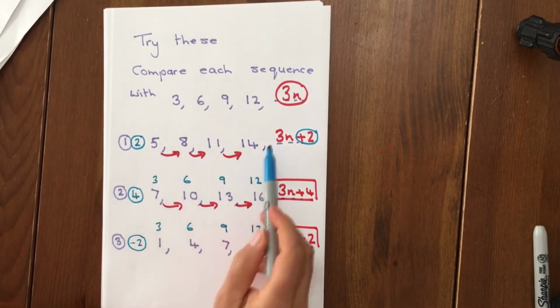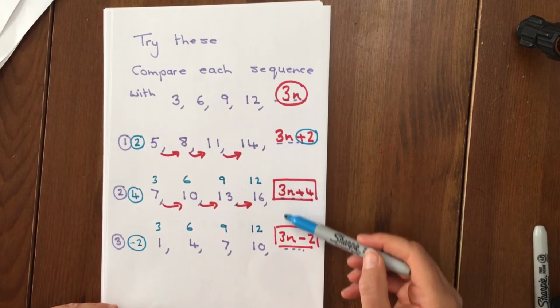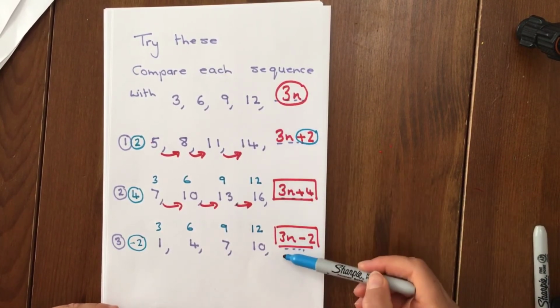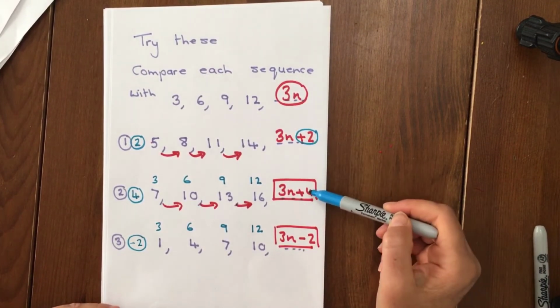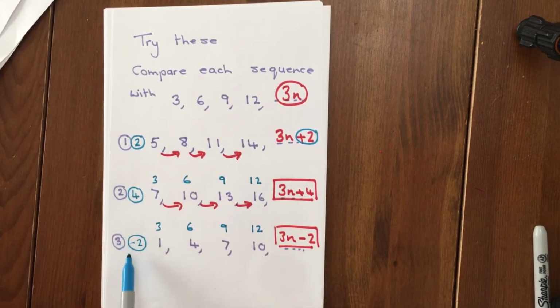So in each of these sequences, they're all going up in 3s, so the nth term all starts off with 3n, but to decide what I'm adding or subtracting, I can find the term before, or I can just compare it to the 3n sequence. You can do whichever one you find easiest, whichever method.